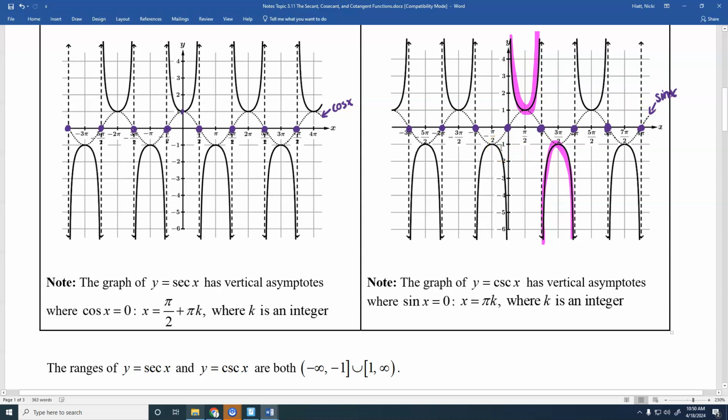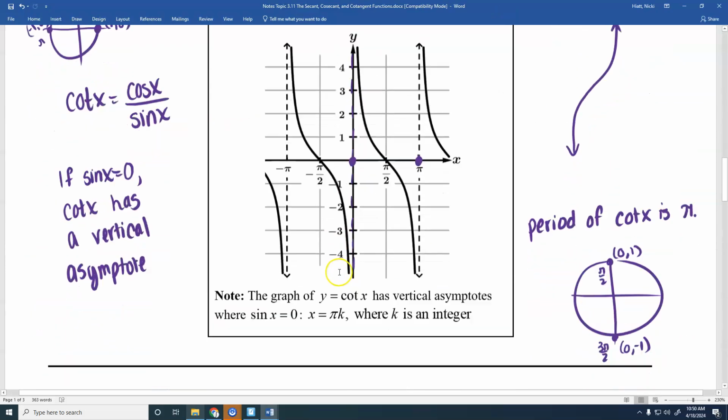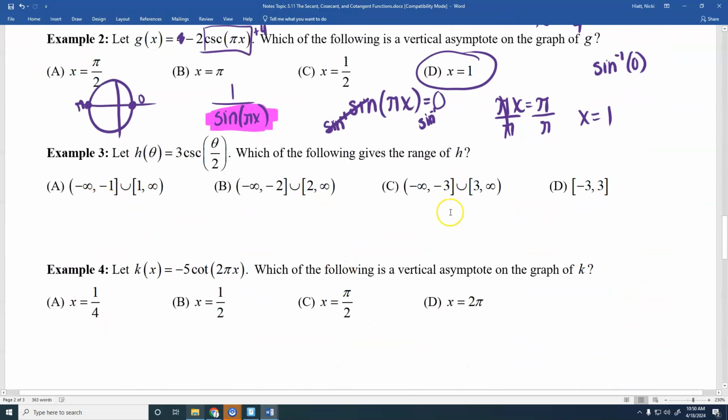Which means where our range right here just goes from negative infinity to negative 1 and 1 to infinity, our range here will go from negative infinity to negative 3 and 3 to infinity. So your sine values would be from negative 3 to 3. The cosecant values are the other stuff, negative infinity to negative 3, 3 to infinity. Does that make sense? Yeah.